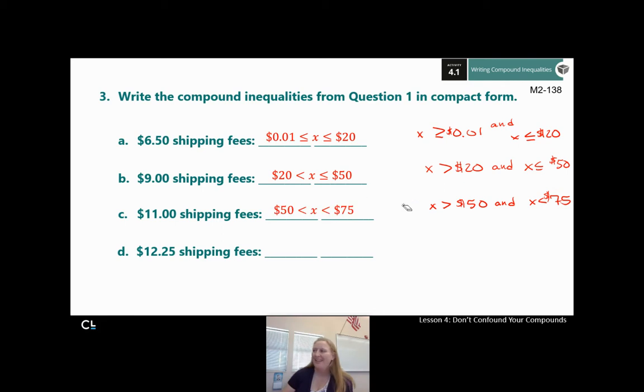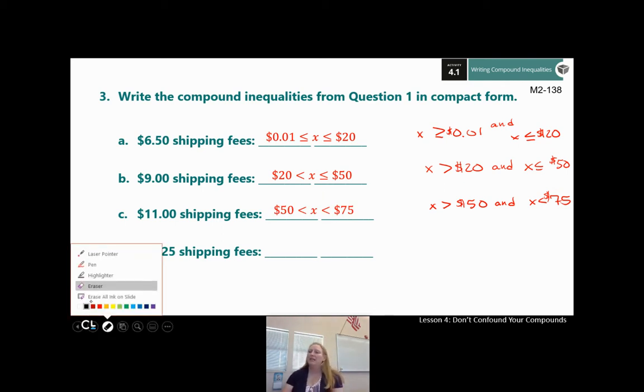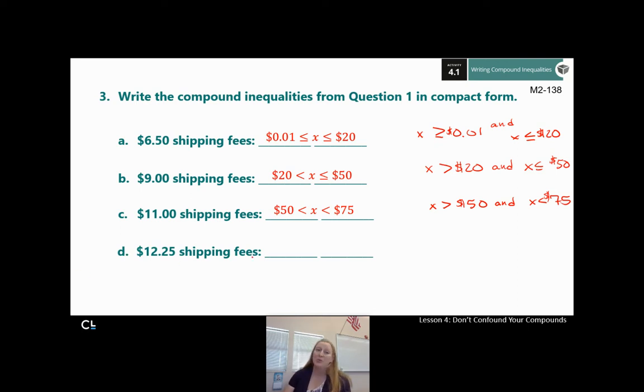Boom, there it is. Last but not least, our $12.25 shipping fee. There were bigger shipping fees, but this was the last of our compound inequalities with an and on it. So for this last one, we said if our total cost was greater than or equal to $75 and our cost was less than $100, that's when we paid the $12.25 shipping fee.